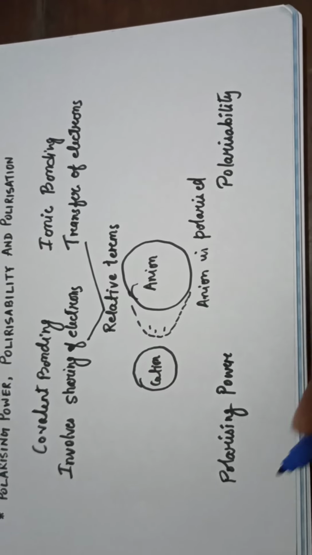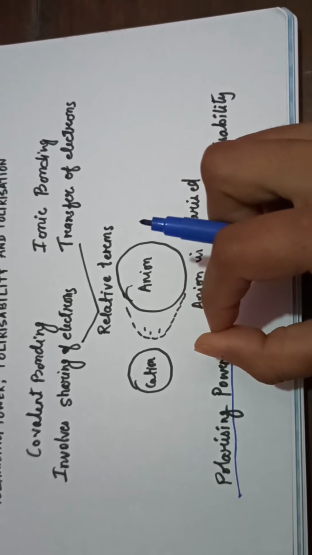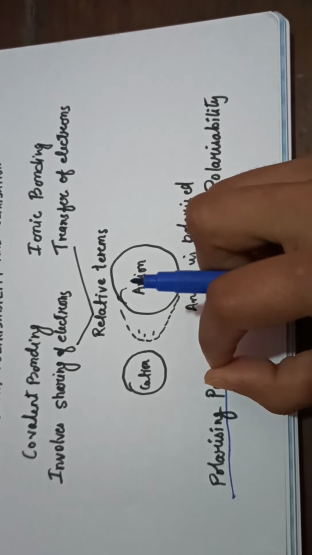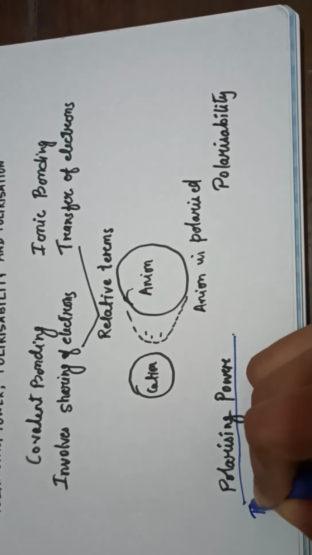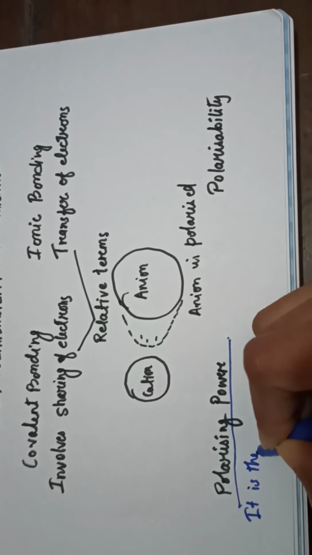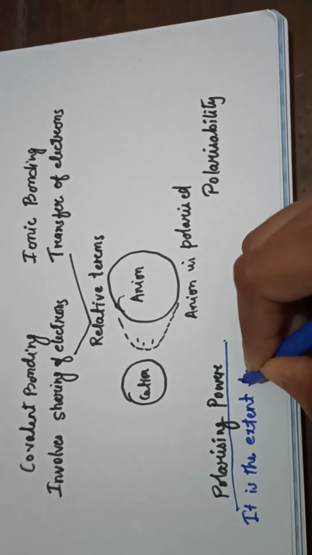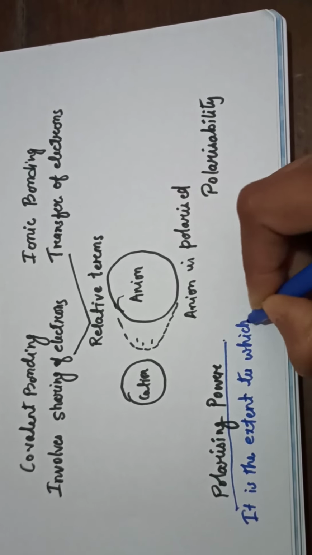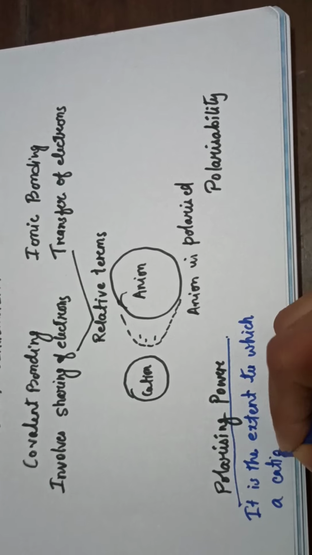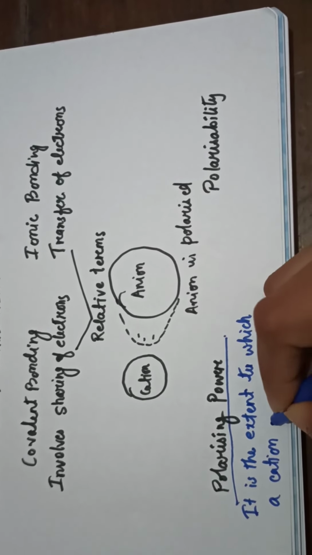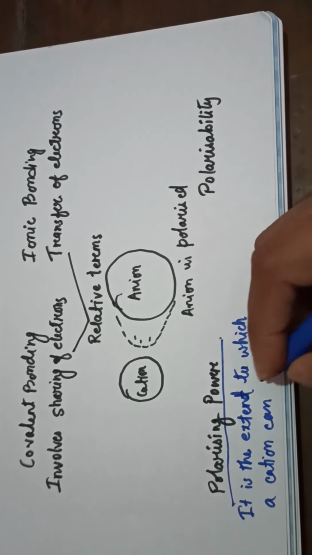Polarizing power means the tendency of the cation to pull the electron cloud towards itself. It is the extent to which a cation can polarize an anion.